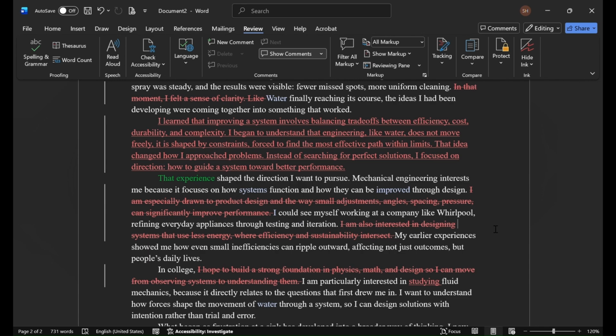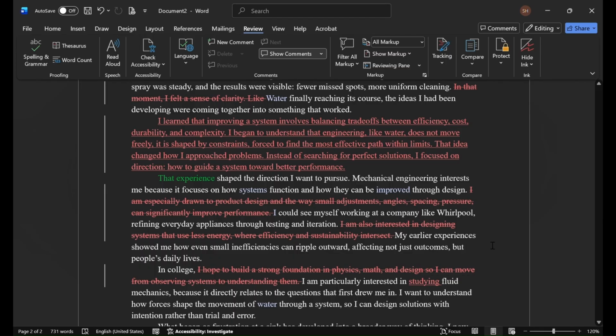And here I got rid of, this just kind of seemed thrown in. It's not necessarily bad, but at this point, it's the sentence that mentions improving systems to use less energy and efficiency and sustainability. So sustainability is good, but it's a big concept. And so right now it's just kind of thrown in there. It doesn't really appear in any of the other paragraphs. So since it does just feel thrown in and we need to get rid of things, I just took that out.